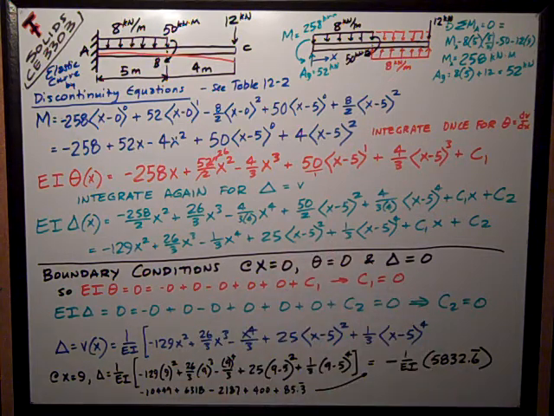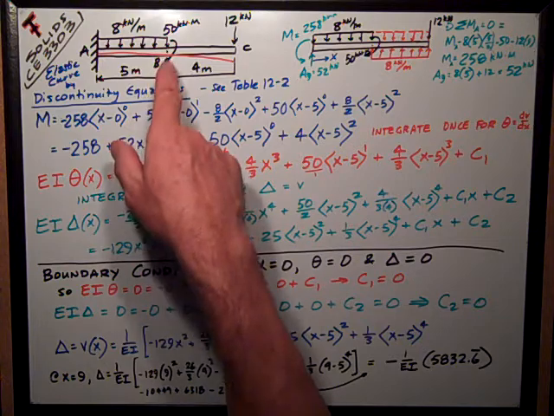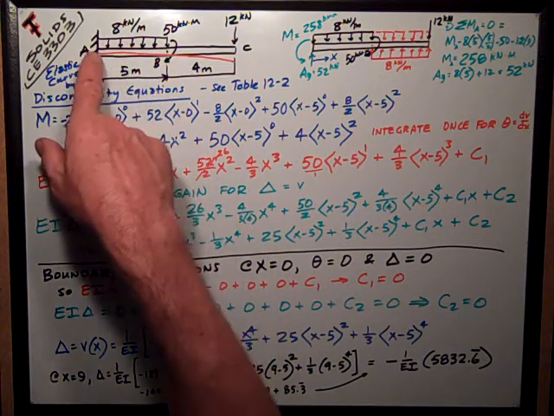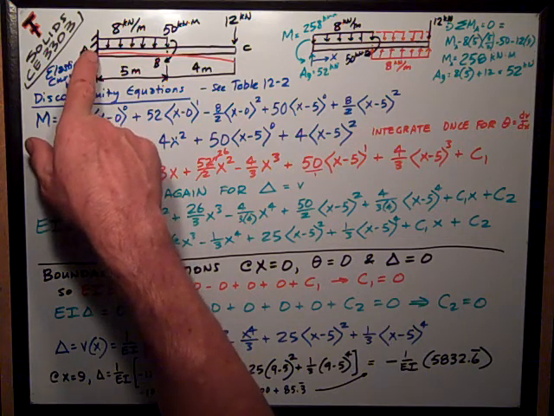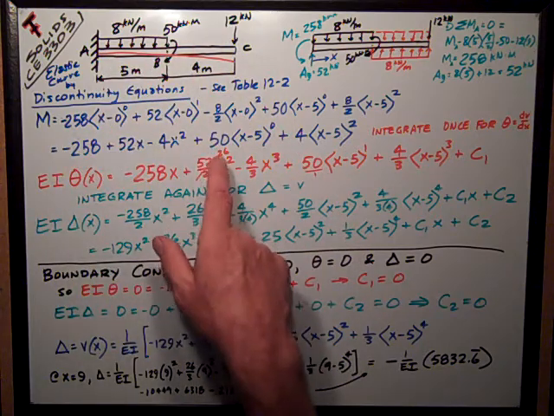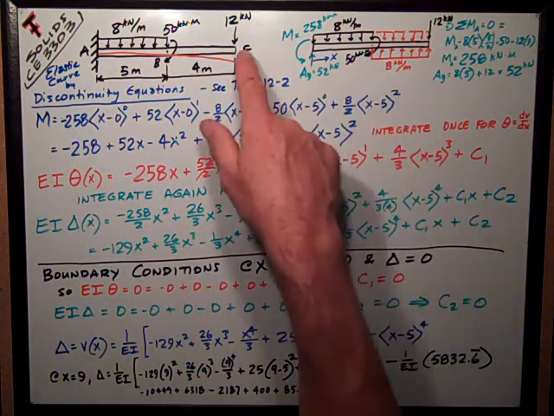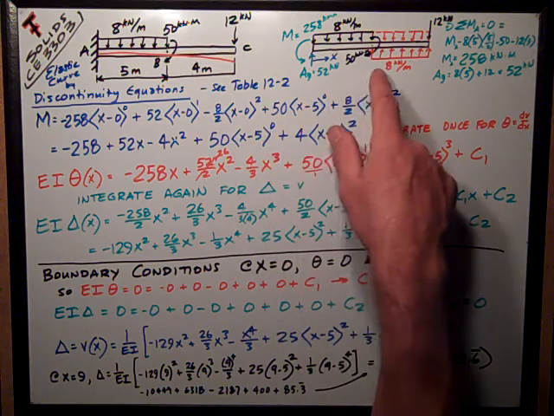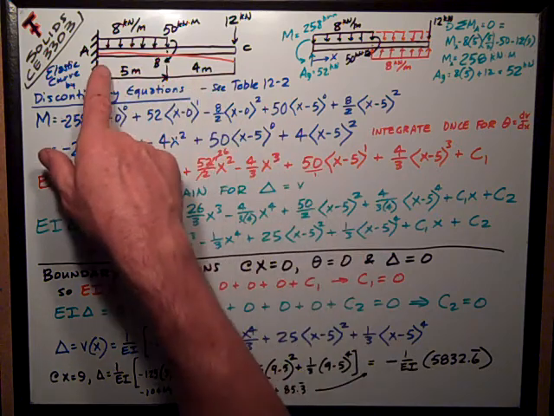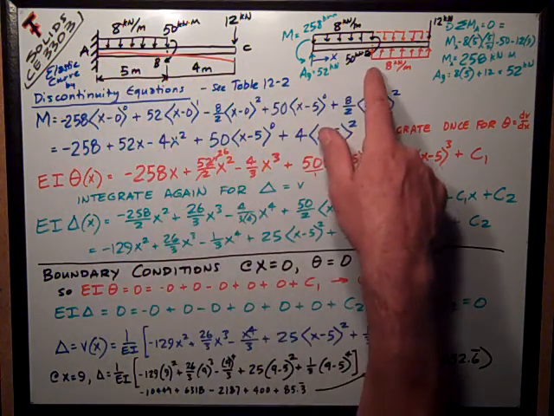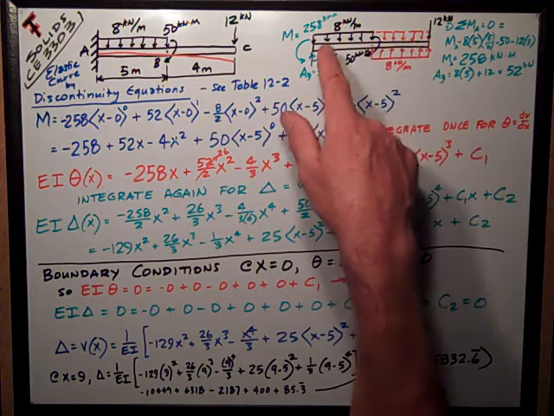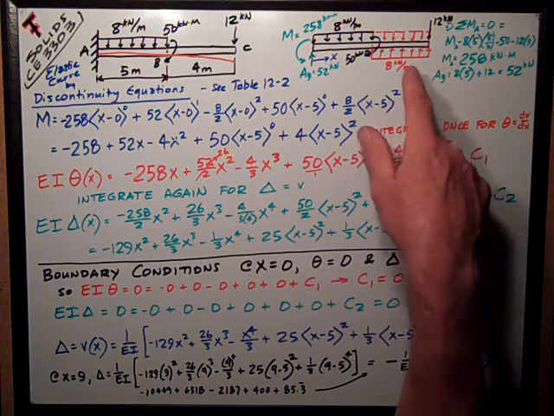Finally, this is a fundamental basic part of these discontinuity equations. If you have a distributed load, it assumes the distributed load runs from wherever you start it, in this case a equals 0, all the way to the end of the beam. So I have to put a counteracting load starting where my distributed load actually ends, there at x or a equals 5, upward on the beam to counteract the load that really doesn't exist, but my discontinuity equation says it does.